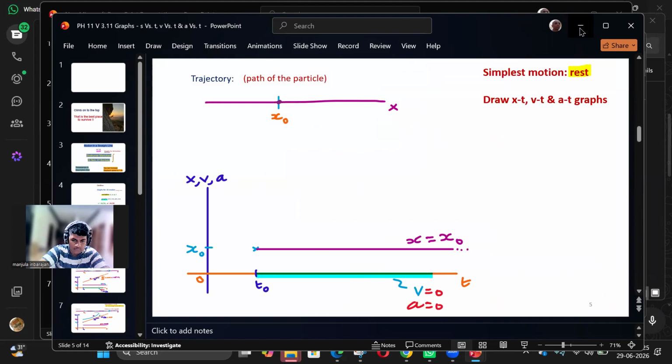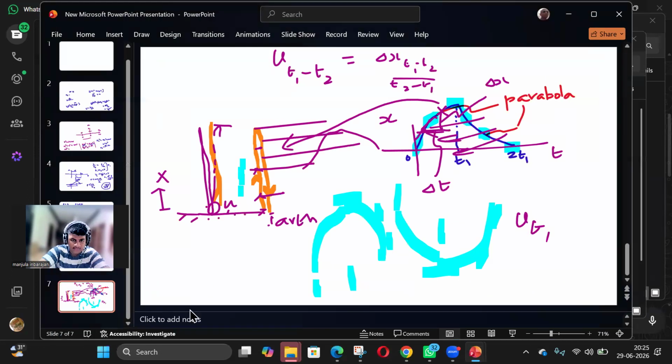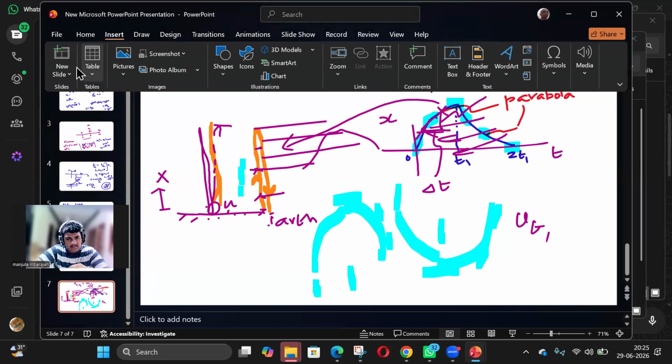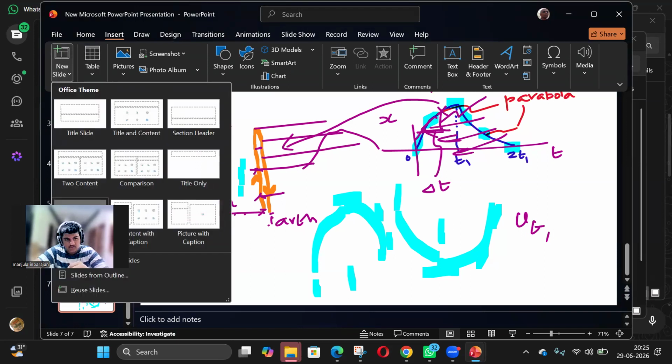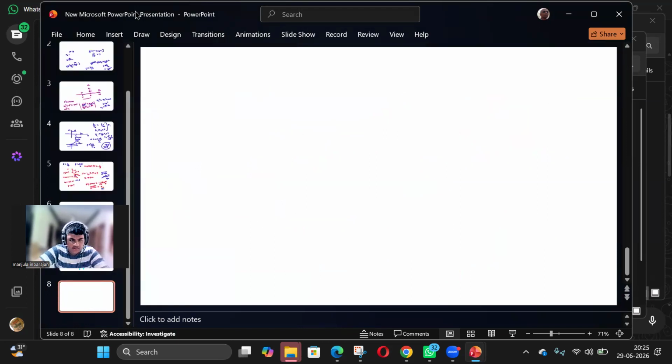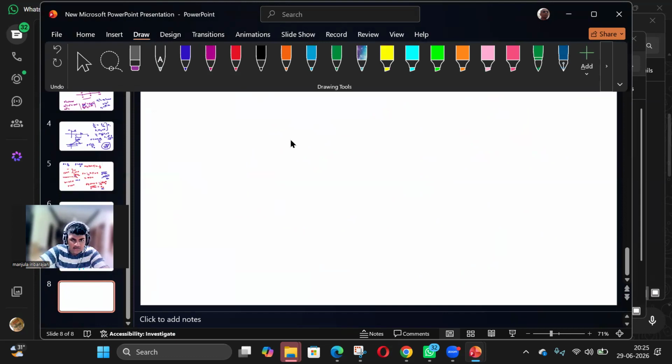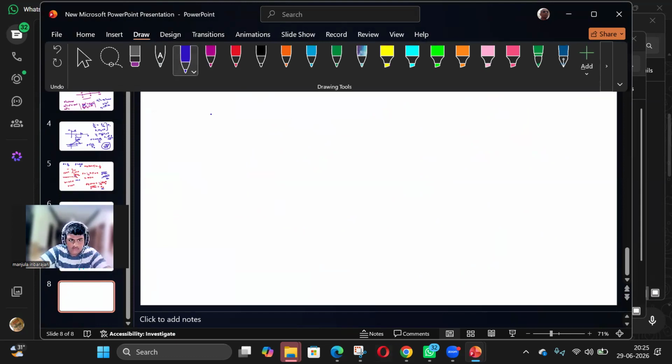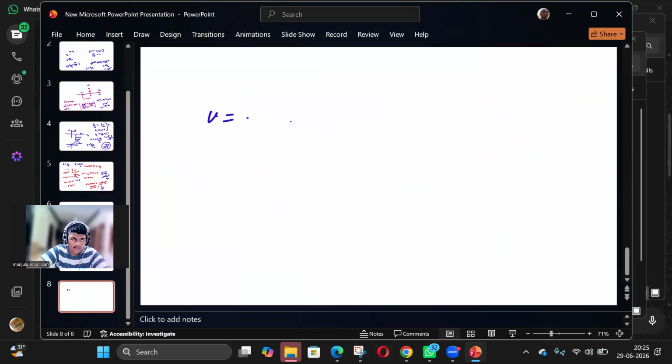Understood my question? What are the assumptions in that? The three equations of motion. The assumptions. Straight line, not a parabola. Yeah, it's a straight line motion. V equal to u plus at.